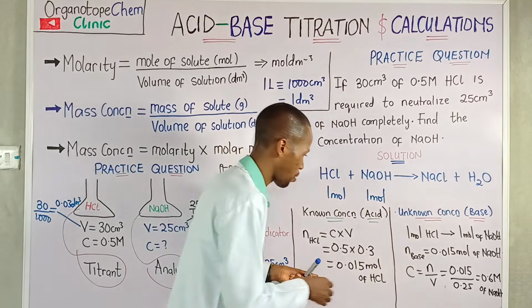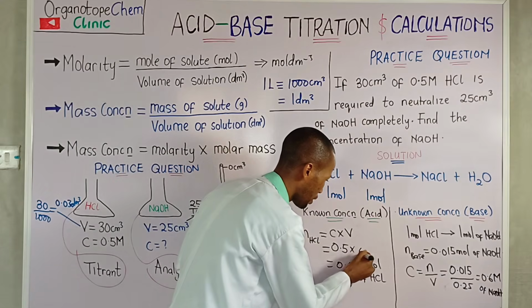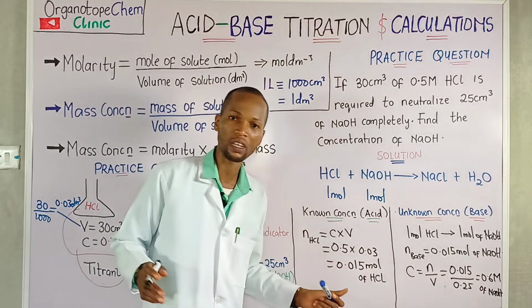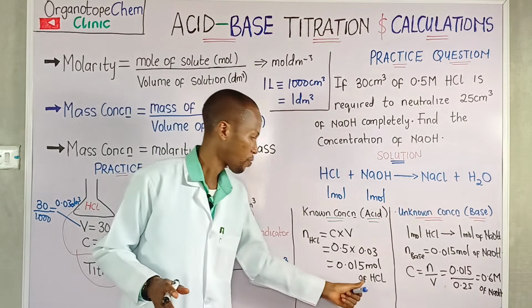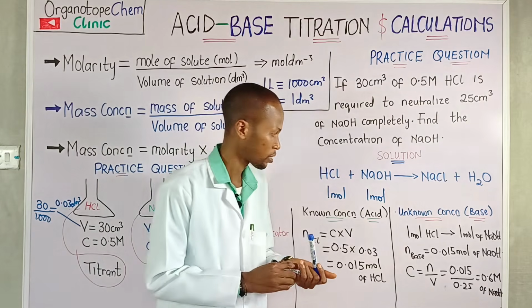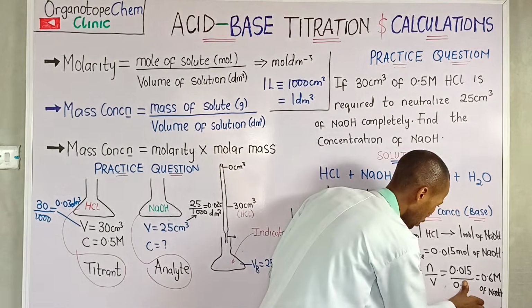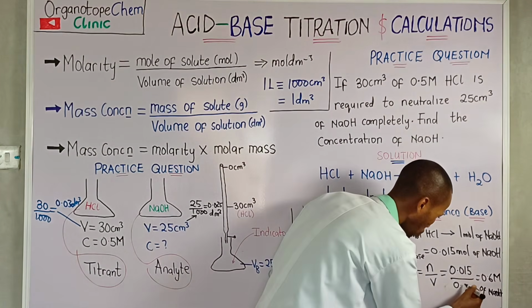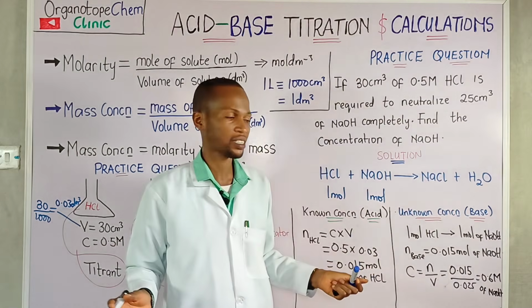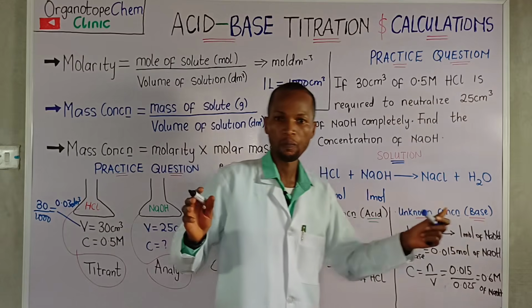So we are going to have 0.03 times 0.5 right here. So the number of moles of HCl is 0.015. The final answer is still correct. And also we have the volume adjustment here. It is divided by 0.025. So the final answer is 0.6 molar.